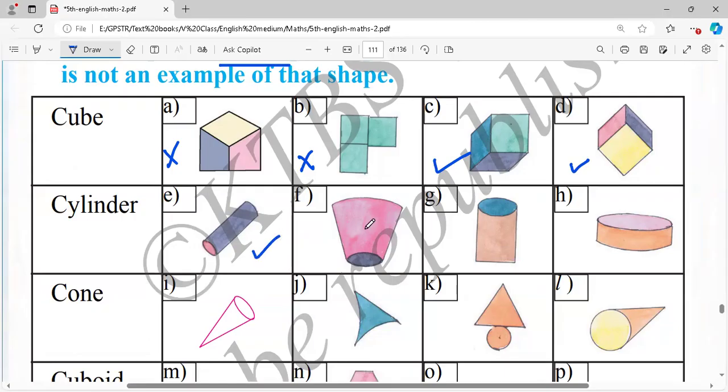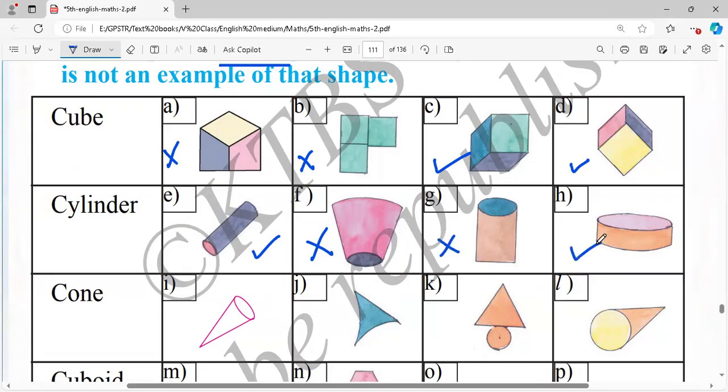Cylinder, this one. In a cylinder, both circular shapes are of the same size. Here, one is bigger, one is small. That's why it is not a cylinder. This is also not a cylinder because a circular shape is not there at the bottom end.